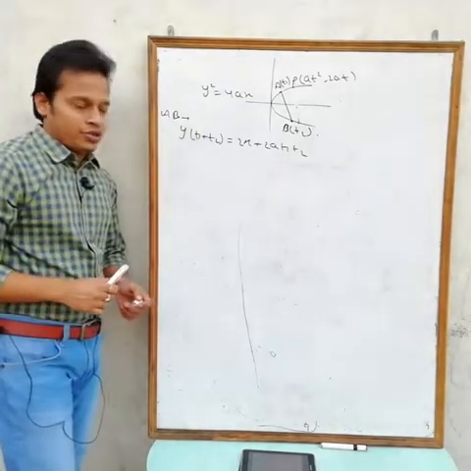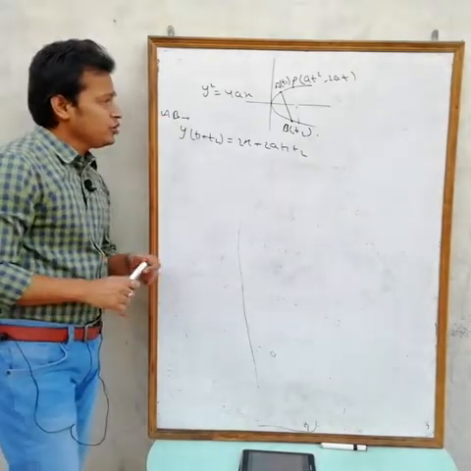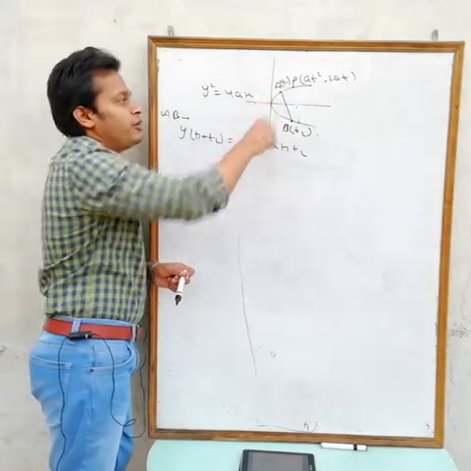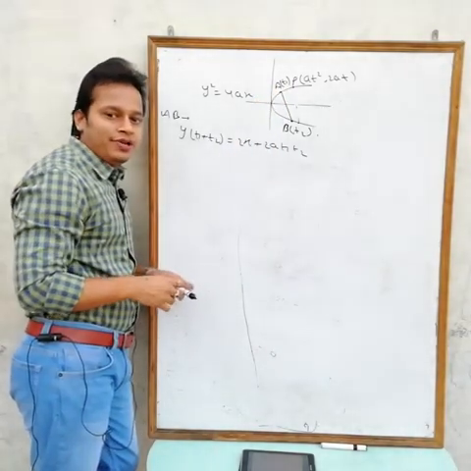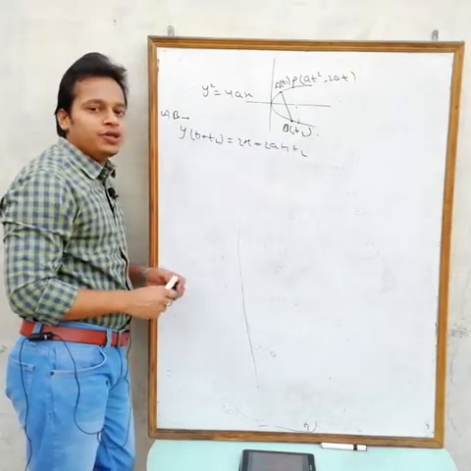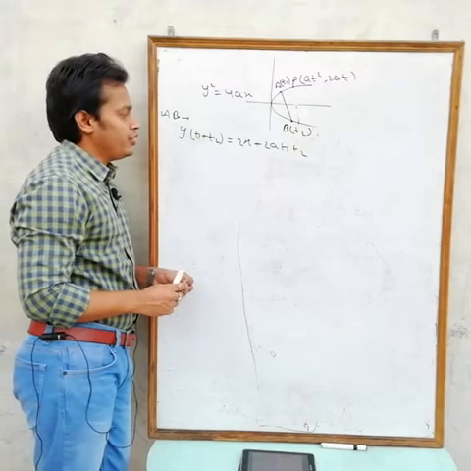This is the equation of the chord joining t1 and t2. Here t1 is the parameter, it means this point is a t1 square comma 2a t1. t2 is the parameter, it means the point is a t2 square comma 2a t2.